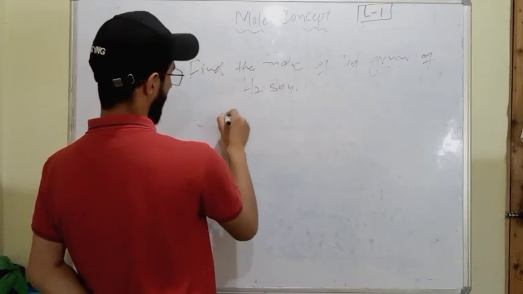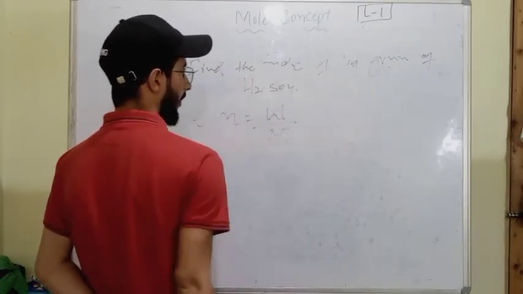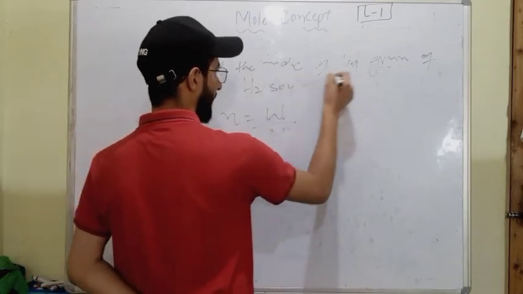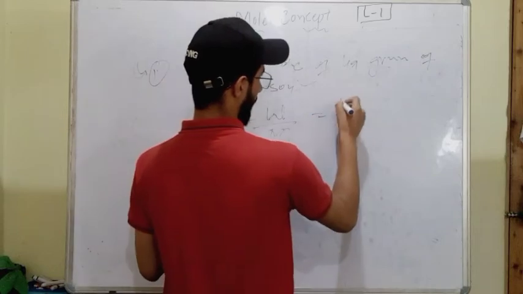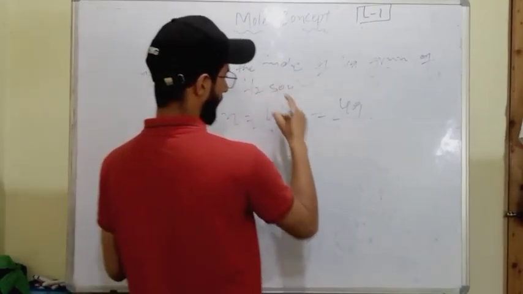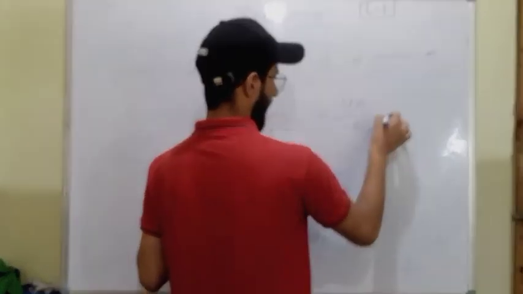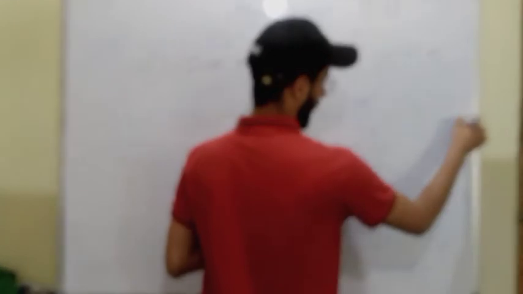We know that number of moles is equal to weight upon the molecular mass. The weight of H2SO4 is given, it is 49, so I will write 49, and the molecular mass of H2SO4 is 98. When I calculate it, it is 1 by 2, which is equal to 0.5.